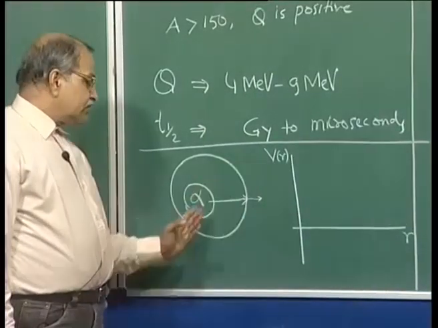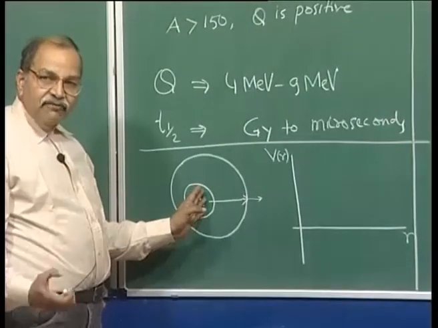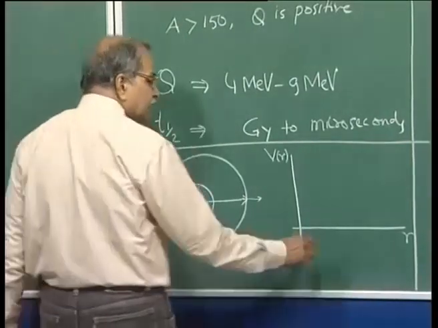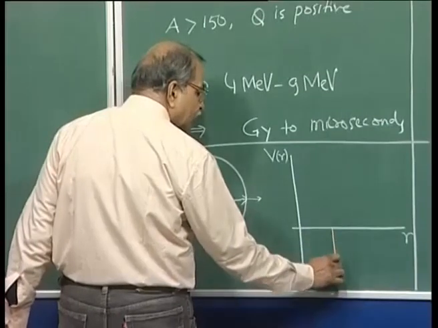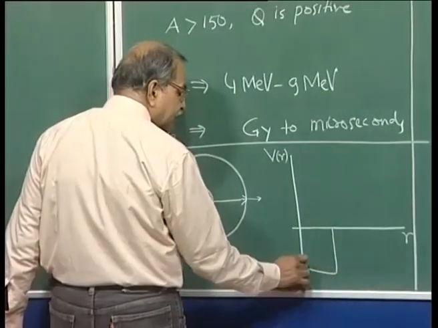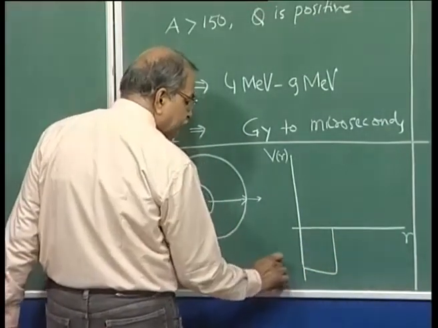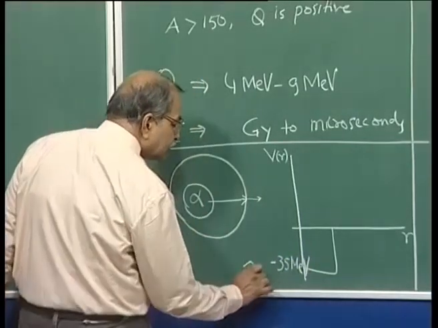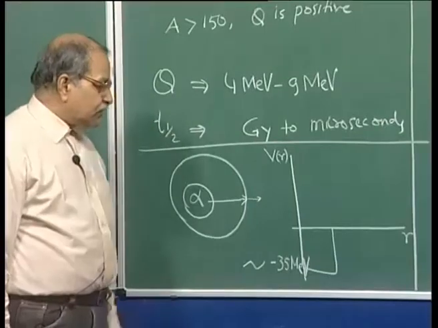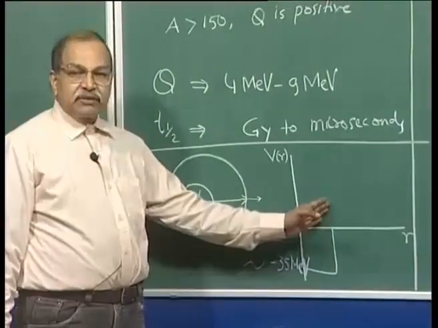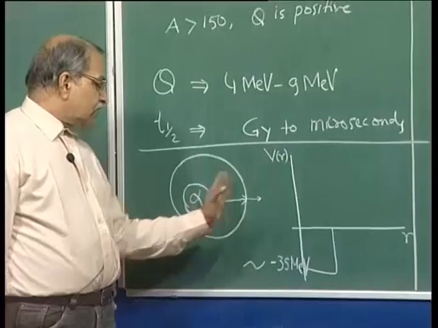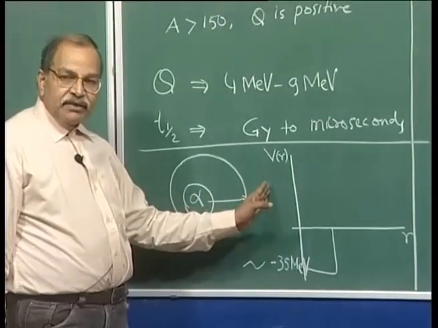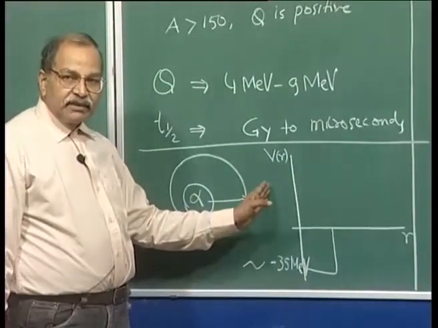Inside the nucleus, the nuclear attractive force is important, which you can estimate by some kind of square well potential of some depth, typically say minus 35 MeV or so. So, it is an attractive potential well, and once it is outside, it has Coulomb interaction, dominating.